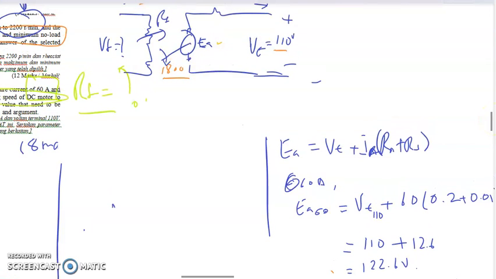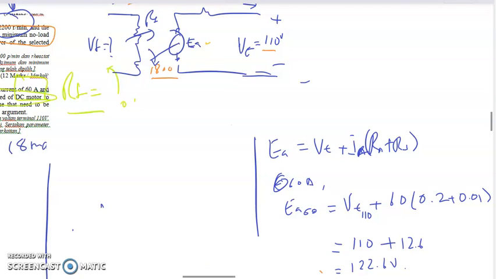So we know that EA is equal to VT plus IA times (RA plus RS). Because this RS is given, RS has to be included in the calculation as well. Full load is 110 amp, but it was stated that we have to consider 60 ampere.